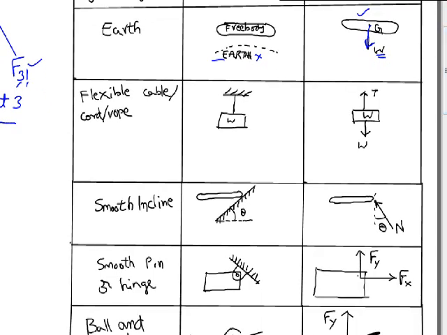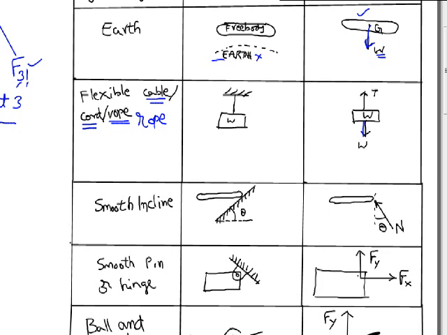When you have an object supported by a flexible cable or flexible cord or flexible rope, we have the free body diagram representation this way. We have the weight of the body acting down and the tension in the rope going up, or in whichever direction that rope is.